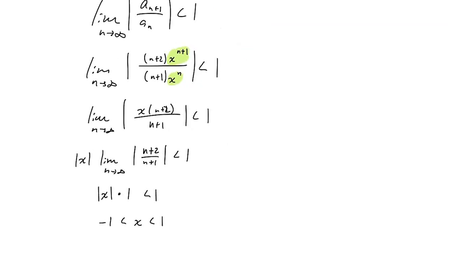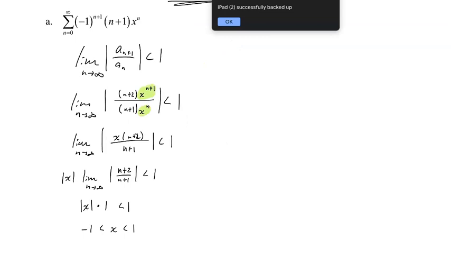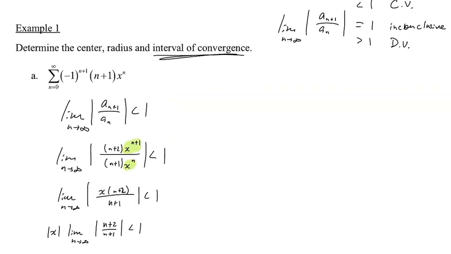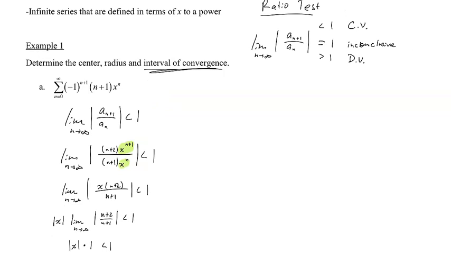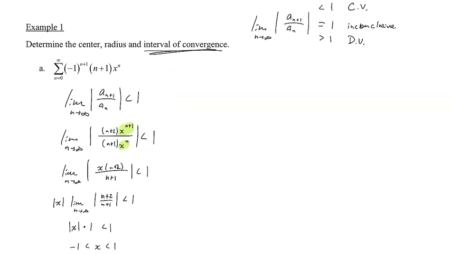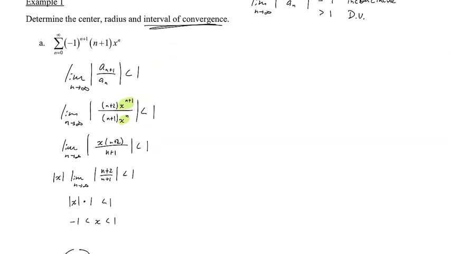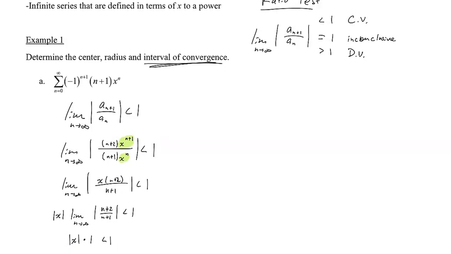The thing here that we need to be careful of, like I said, is at 1. I found it is less than 1 for these x values between -1 and 1, but it is exactly equal to 1 when x is -1 and x is 1, which is inconclusive for my ratio test, which stinks.